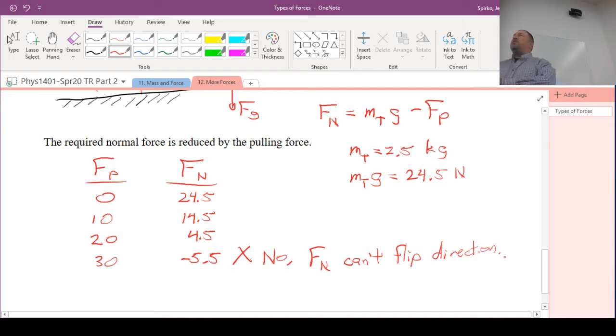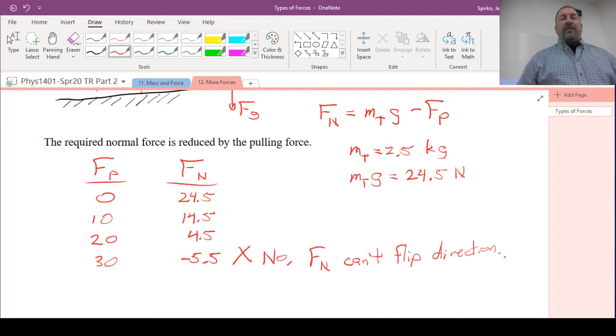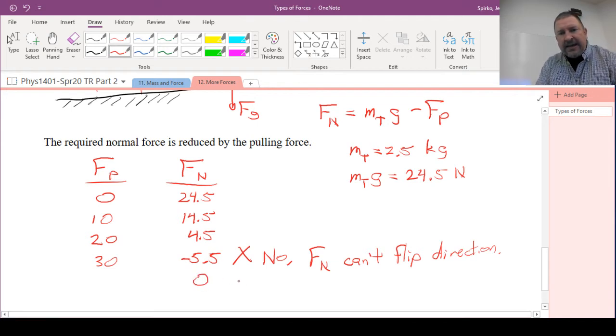When the normal force goes to 0, we have to remember that the normal force is a contact force. 0 force, 0 contact. That's when we lose contact with the surface. So then 0 is minimum F sub n and max force pulling.